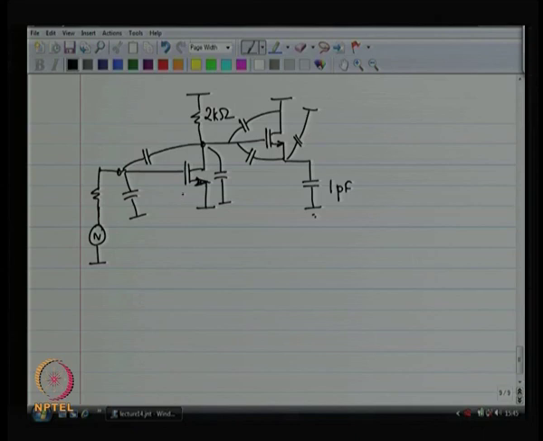So, let us number my MOSFETs. Let us call this M1, second one is M2, okay. And I have got CGS1, I have got CGD1, I have got C drain to body 1, then I have got C gate to drain of the second one, C gate to source of the second one, C source to body of the second one.